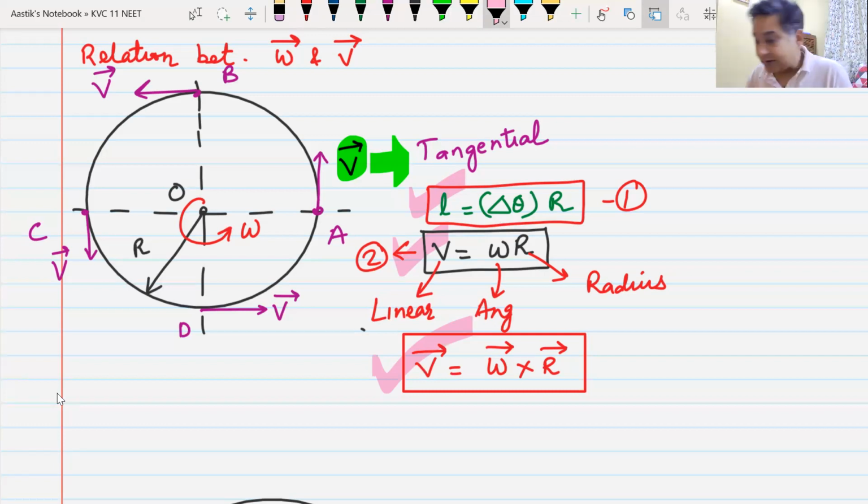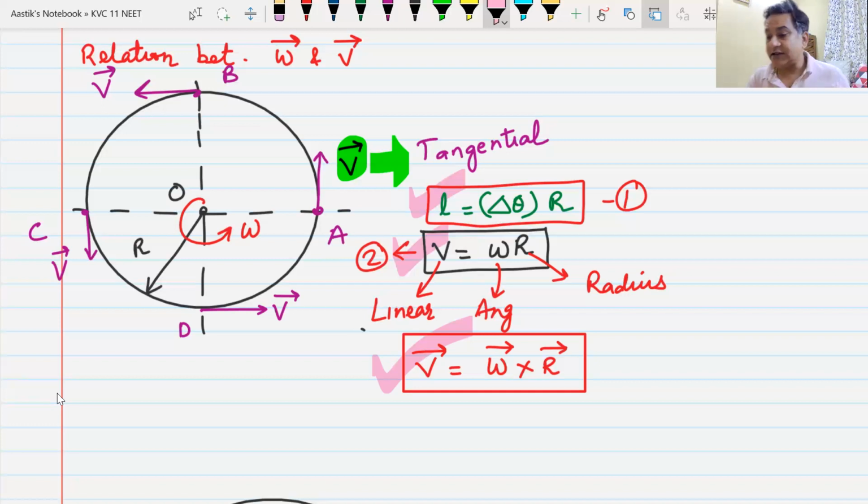If you have noted it down, then tell me so that I can move ahead and give you the last relation. What will be the last relation between which two quantities? Tell me. We have seen the relation between distance and theta angle.